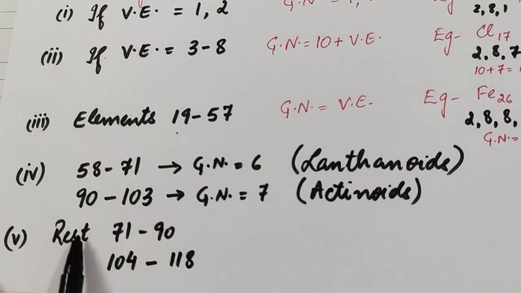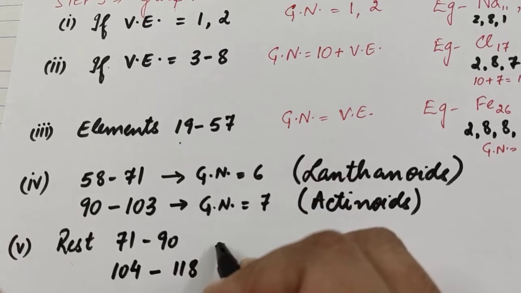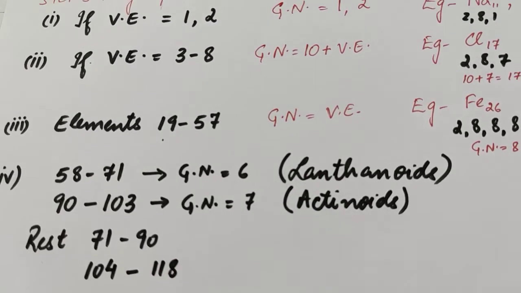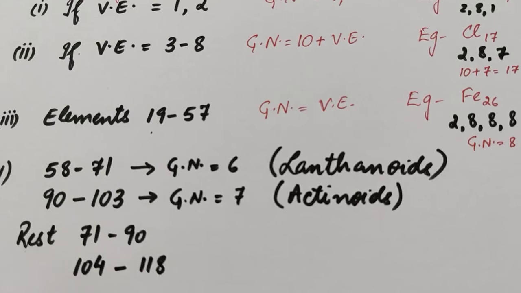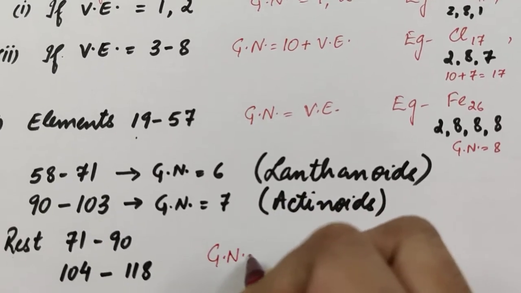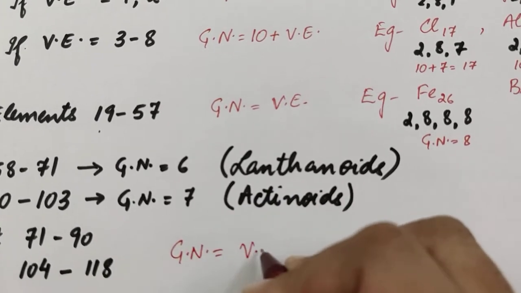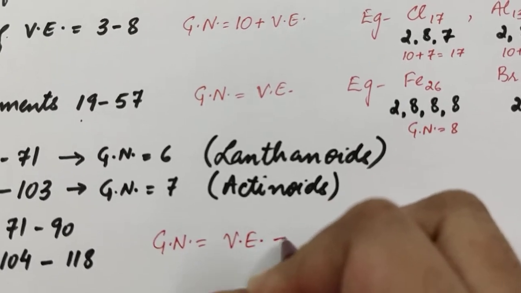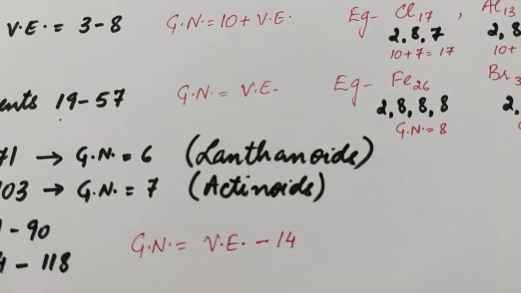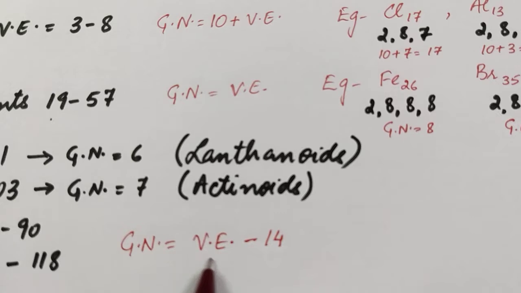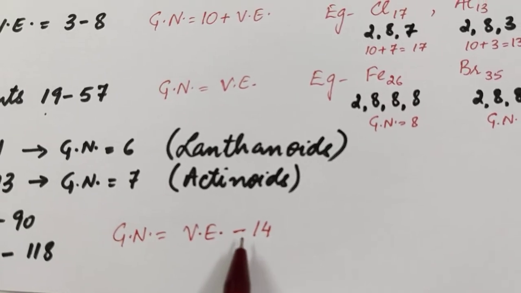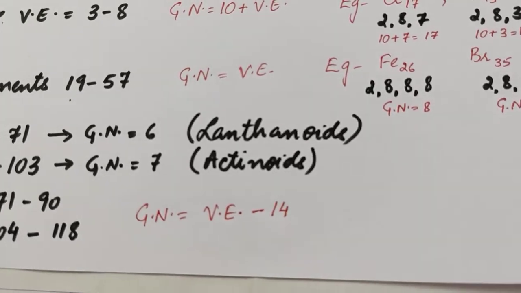Okay, so for the rest of the elements, the group number will be equal to valence electron minus 14. Whatever is the number of valence electrons, deduct 14 from that and you'll get the group number.